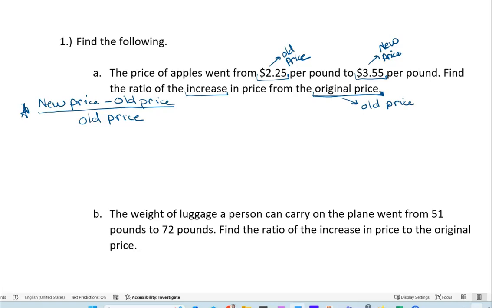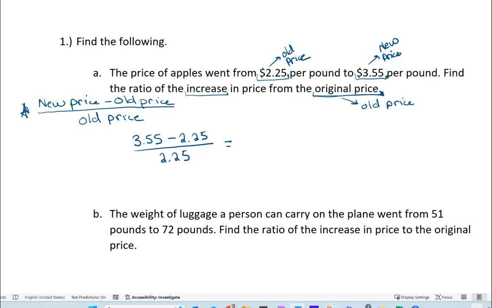So the new price is $3.55 minus the old price or original price, which is $2.25. And then I have to put that over the thing that we're comparing it to, which is the original price or old price. So that's going to be $2.25 also. Now I can just start simplifying.